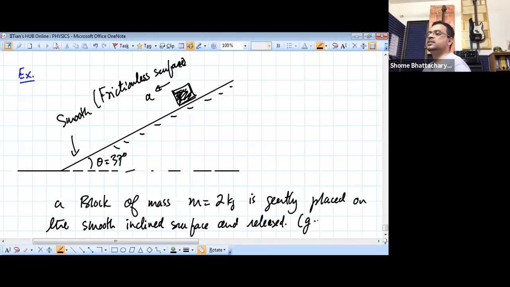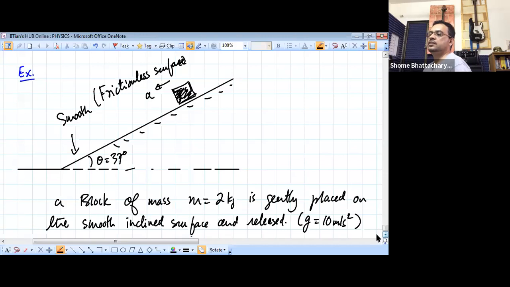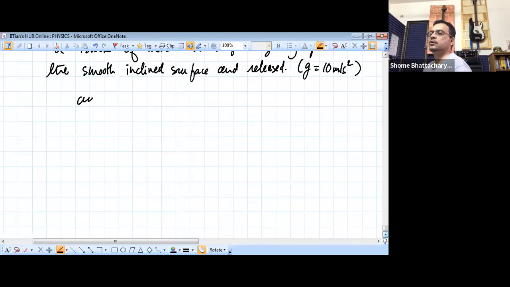So take g as 10 meters per second square, as we will be doing in most questions, and find the acceleration a in meters per second square.